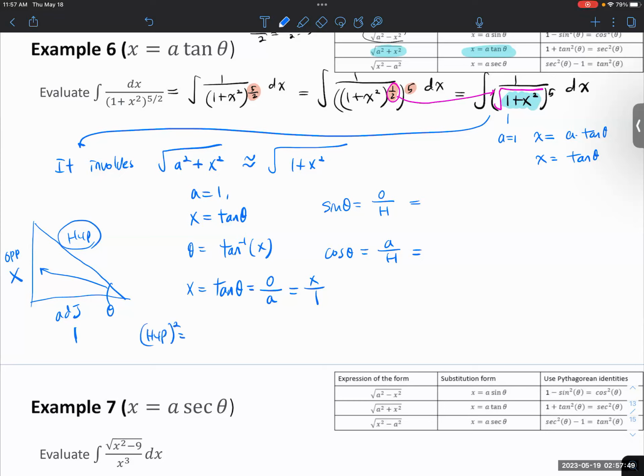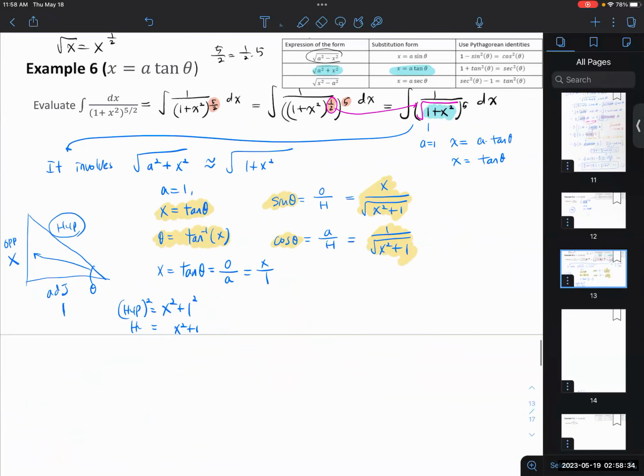Hypotenuse squared equals x squared plus 1 squared. So the hypotenuse is radical x squared plus 1. So we got it. Sine theta is opposite over hypotenuse, x over radical x squared plus 1. Cosine theta is adjacent over hypotenuse, 1 over radical x squared plus 1. So you have all the information. Am I correct? Let me double check. Tangent theta is x. We know theta is tangent inverse x. Sine theta is this, cosine theta is that, from the Pythagorean theorem. We're good.